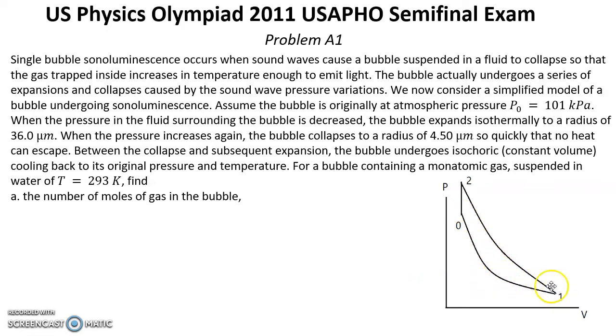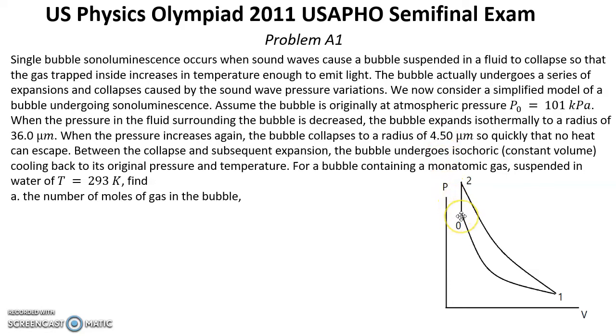After that it was adiabatic compression, and because this process is adiabatic, this curve increases much faster, so it reaches point 2, which is higher than point 0. That's the new pressure with the same volume as in point 0, and that was the volume with the radius 4.5.